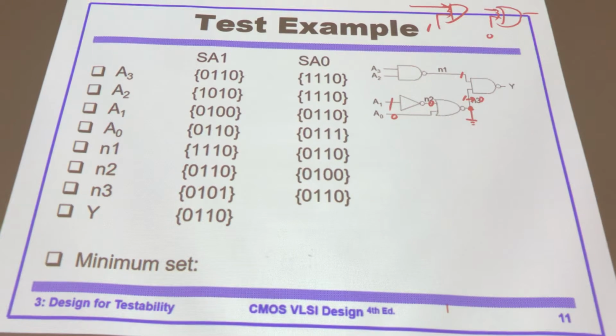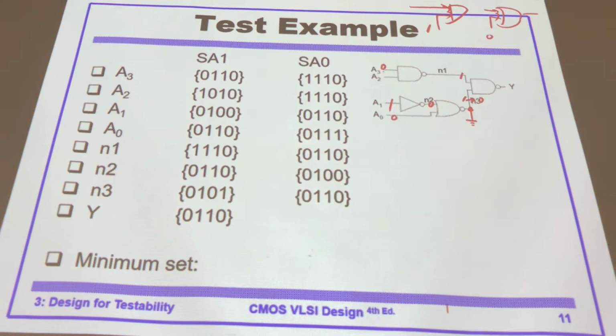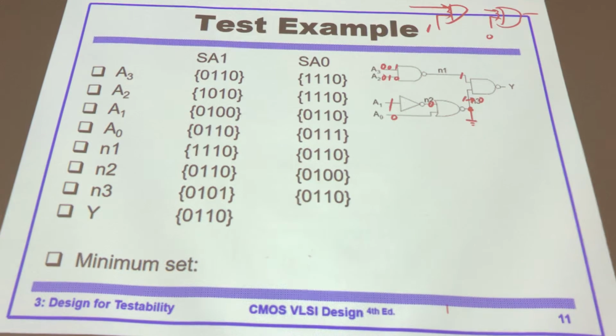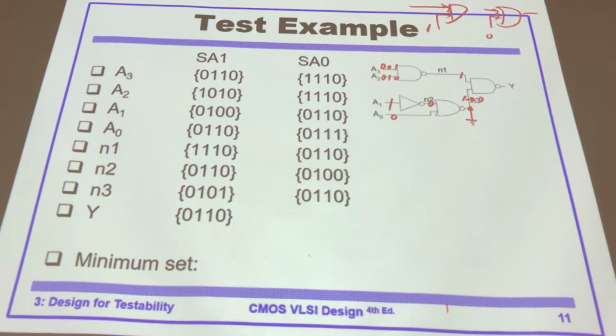And then it could be 0, 0, 0, 1, 1, 0. So 3 patterns can test the N3 stuck at 0 fault. And here it should be 0, 1, 1, 0, the middle one. Because we already have 0, 1, 1, 0 in many places, which is good.